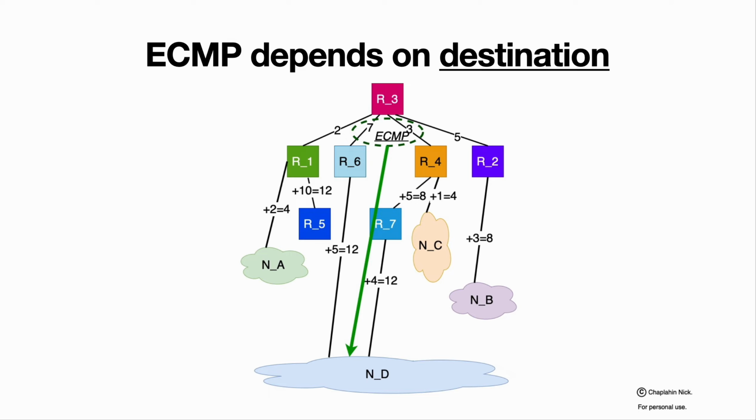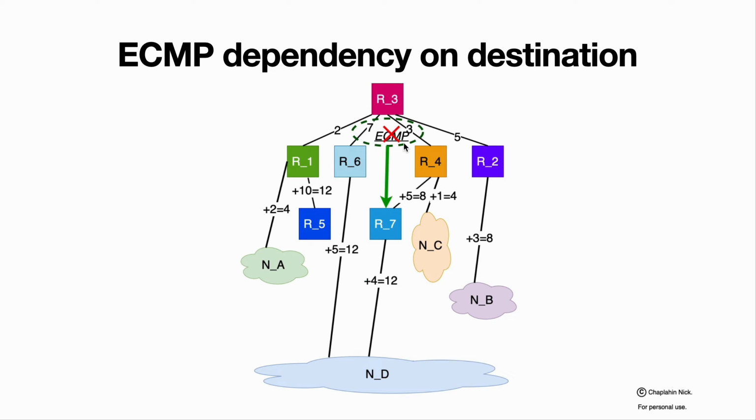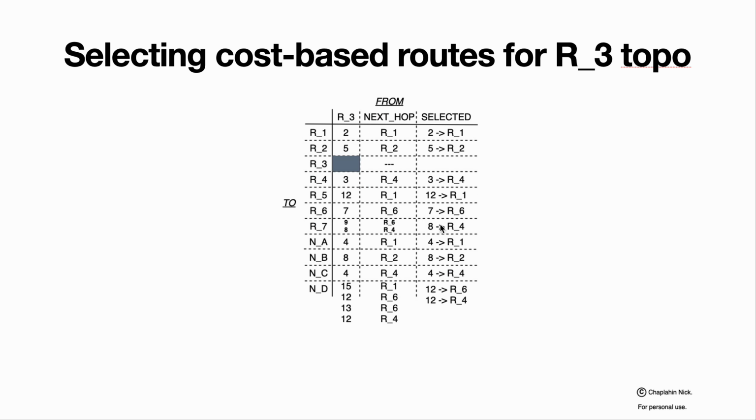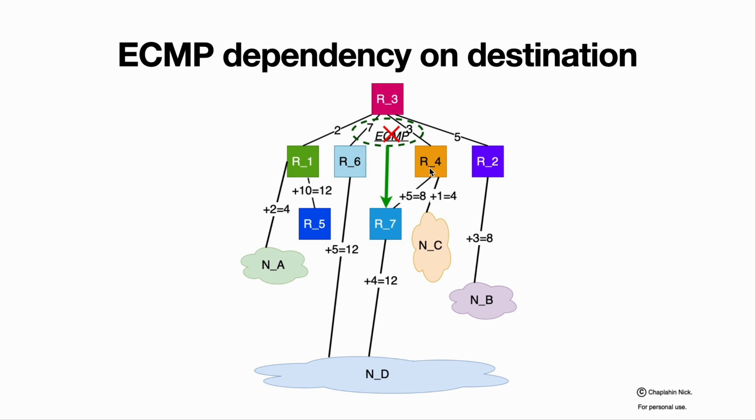If traffic is destined to R7, for example, this ECMP group cannot be used, and we are using only the R7 path through R4. And similar to network C, the ECMP group is not usable. We should use another path.